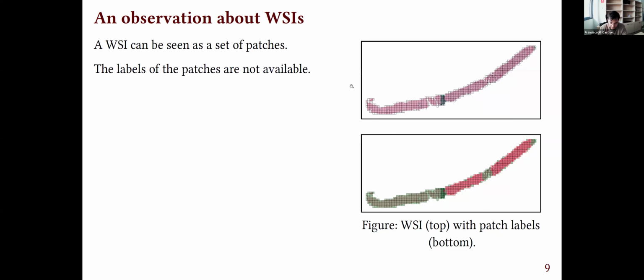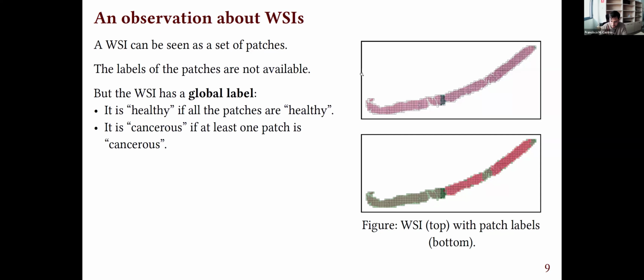But we're going to assume that the labels of the patches are not available because in a real scenario, we won't have them. We won't have the pathologists to label these patches for us. Instead, we have something that is very valuable, which is a global label for the whole slide image.